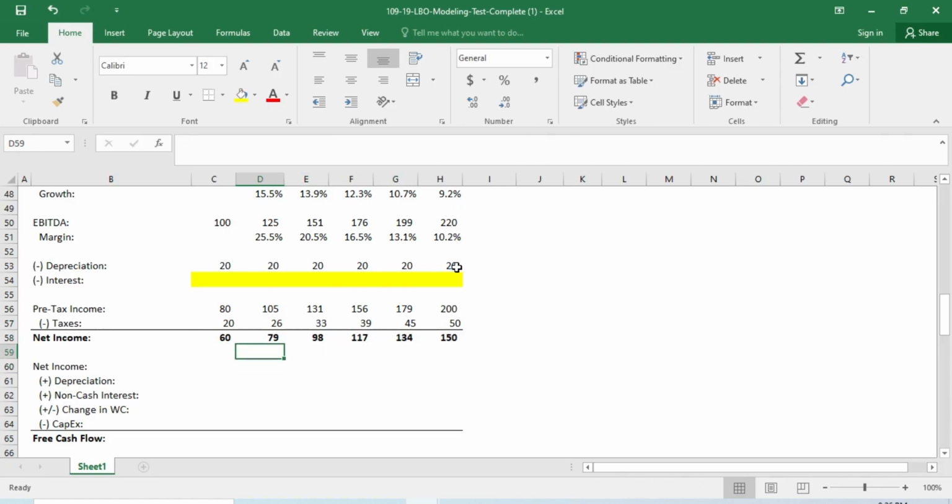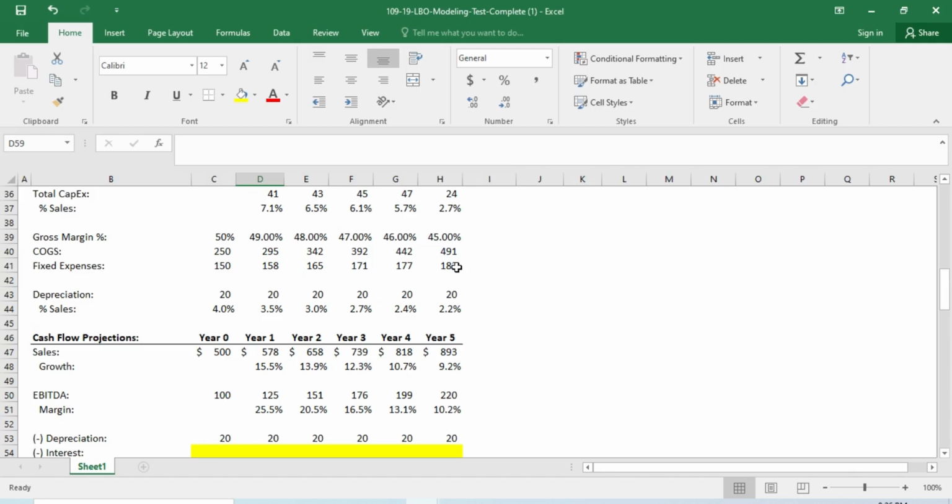So we'll get the same information. Till here our income statement is complete.